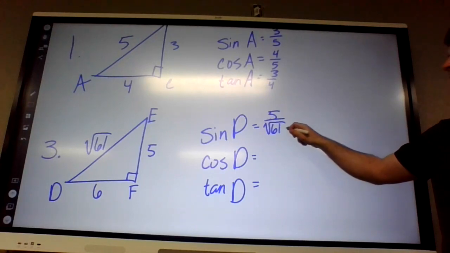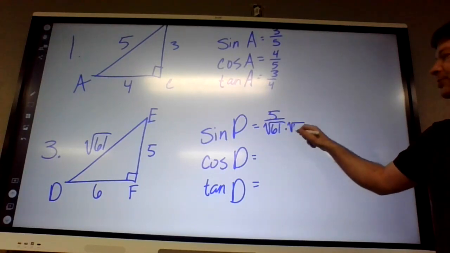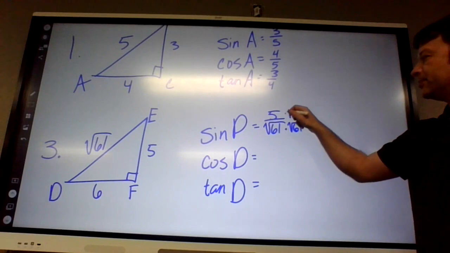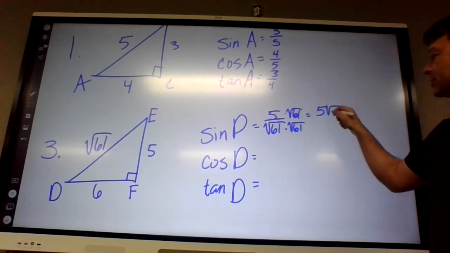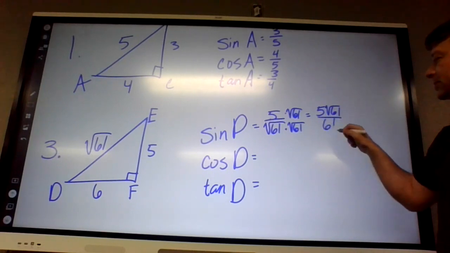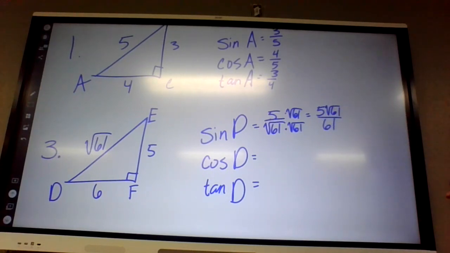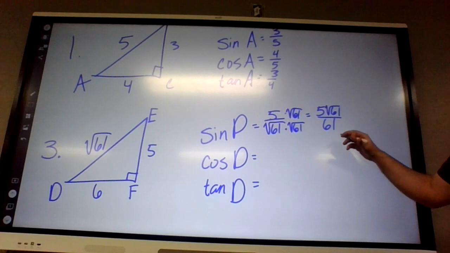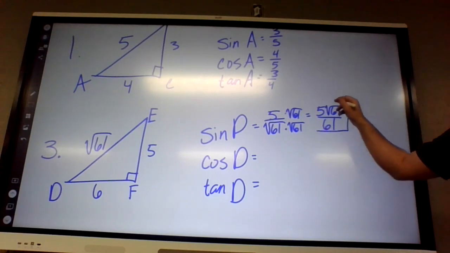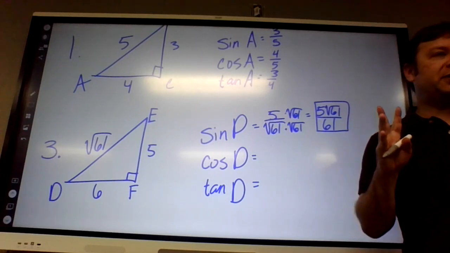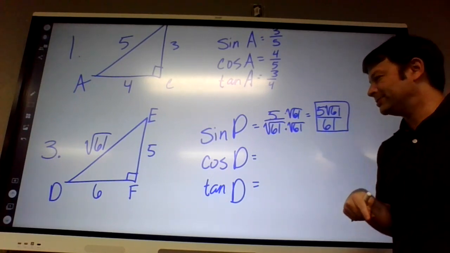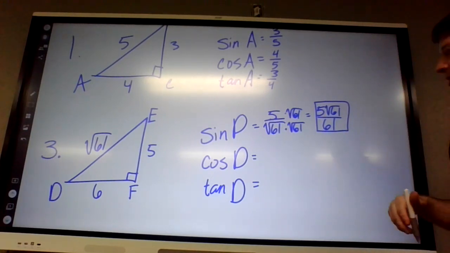You just do times square root of 61 on top and bottom, and it turns into 5 square root of 61 over 61. So you could use your calculator, but if you know the trick, it's faster not to. But if you're not 100% sure, and if your calculator's not nice, it won't do it. So you could borrow a calculator, I guess.